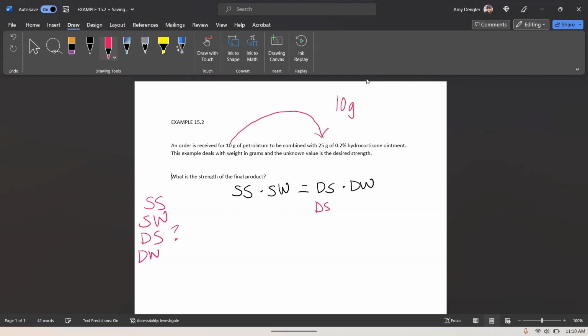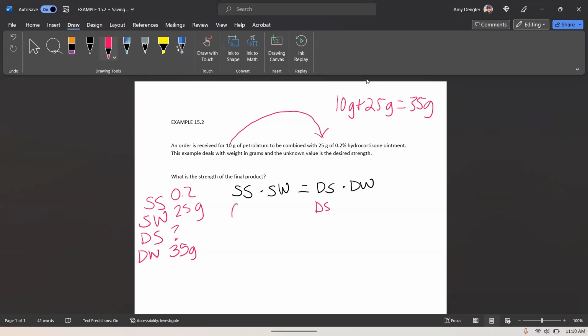So 10 grams plus 25 grams is going to give us 35 grams. So that's going to be my desired weight. My stock weight is the 25 grams that I have already. And my stock strength is going to be my 0.2%.